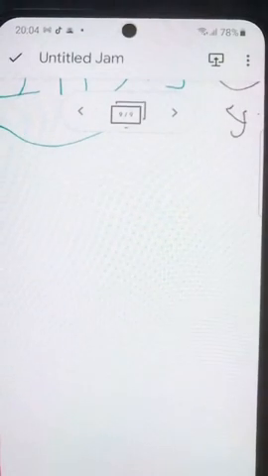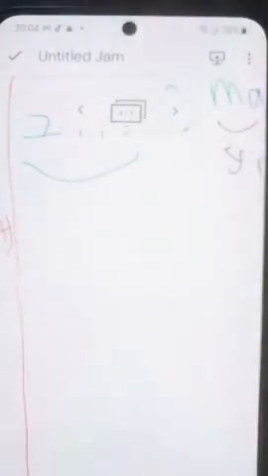Or the other version is. So one is Sherad, and the other one. And the other one.